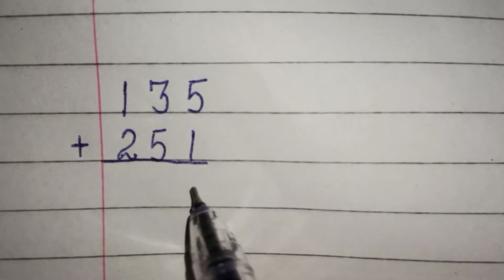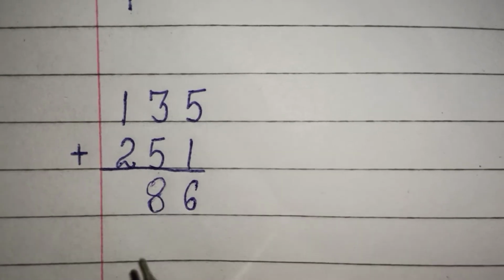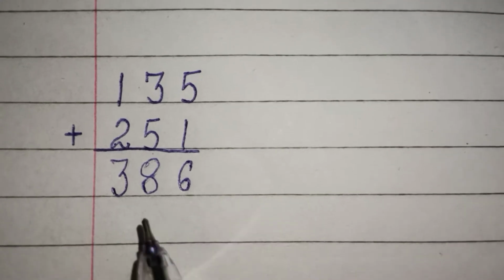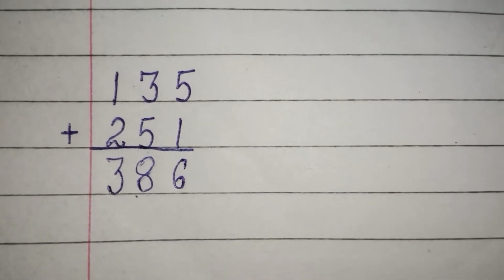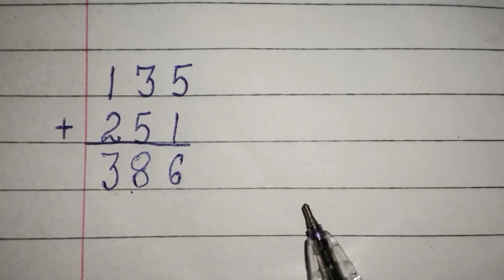Now add it. 5 plus 1 is 6. 3 plus 5 is 8. 1 plus 2 is 3. So 386.